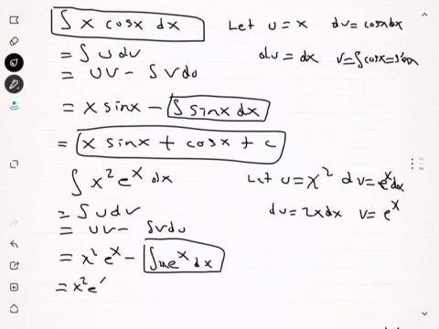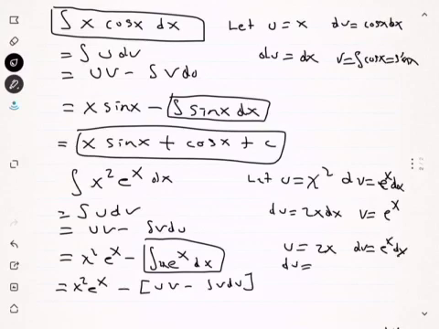So x squared times e to the x minus, this is just gonna be uv minus v du using integration by parts again, where this time u is 2x and dv is e to the x dx again. So then du here will be 2 dx and v will be e to the x.